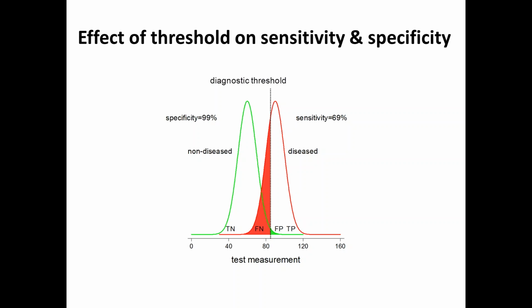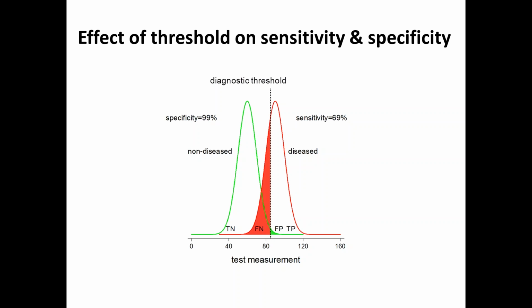So it might be a continuous test measurement, or sometimes it's an ordinal category, which reflects our level of suspicion of the presence of disease. So we might say that 0 is no suspicion of disease, going up to 5, where you have a very high suspicion of disease.